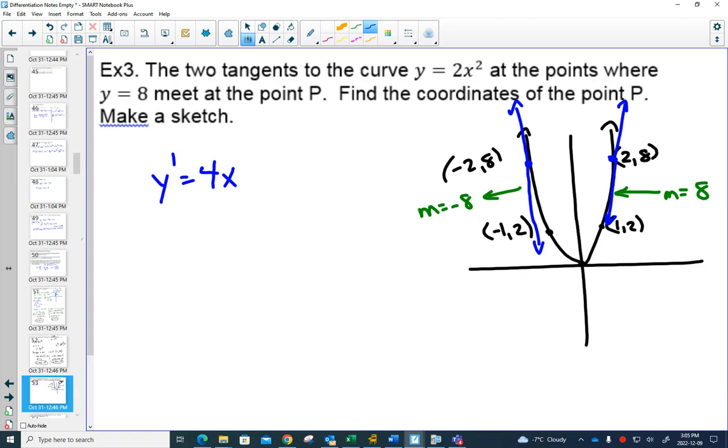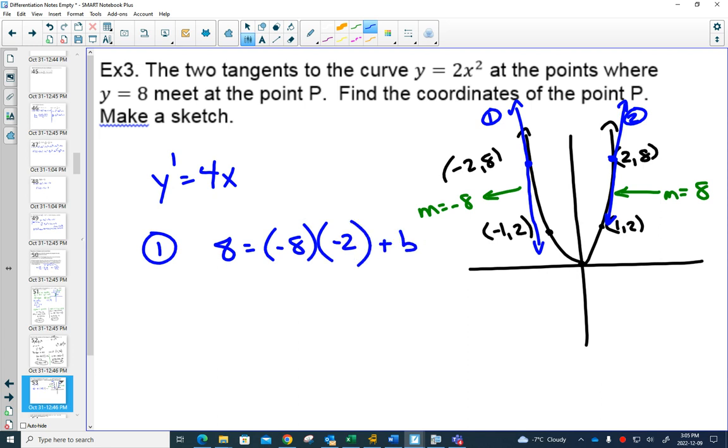I'm going to put a little number 1 here for line number 1 and a little number 2 here for line number 2. Equation of line number 1, using y equals mx plus b, I could plug in 8 for y. The slope is negative 8. X is negative 2 plus b. Multiply things out. B would be negative 8. And so equation number 1 is y equals negative 8x minus 8.